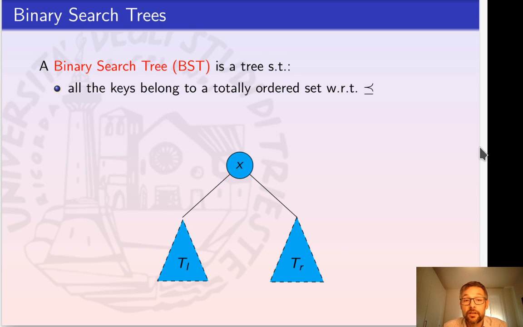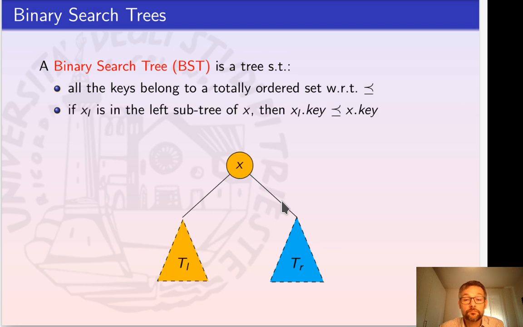Now, what's a binary search tree? You already know it, but let me go through it. As for the heap, we need to provide a total order, and so once we have provided a total order, we may say that all the keys belonging to the binary search tree satisfy what is called the BST property.